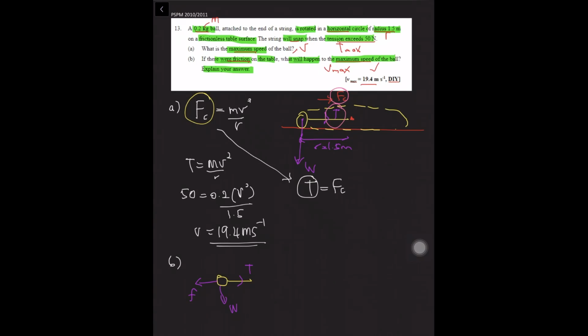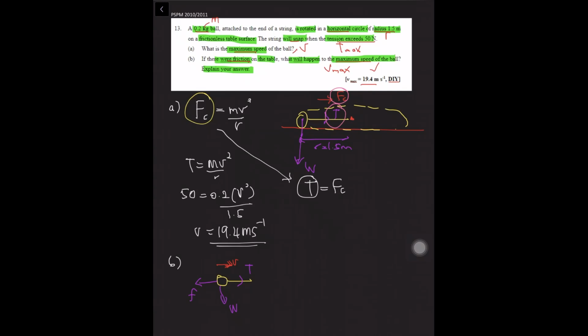Without friction, there is a tension acting on the ball. So because of tension, the ball will tend to move to the right, isn't it? If there is no friction, the ball will tend to move to the right. Then when friction exists, as we know, friction will act in the direction opposite to the direction of motion.